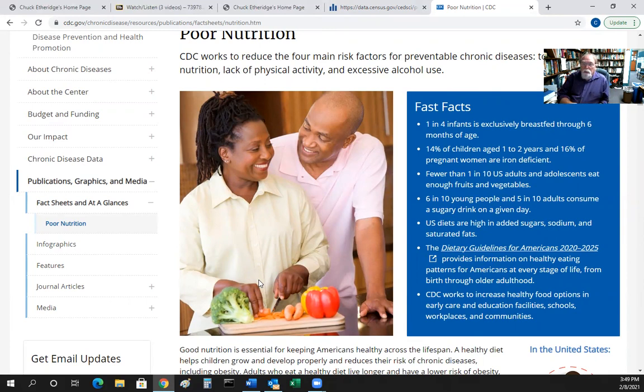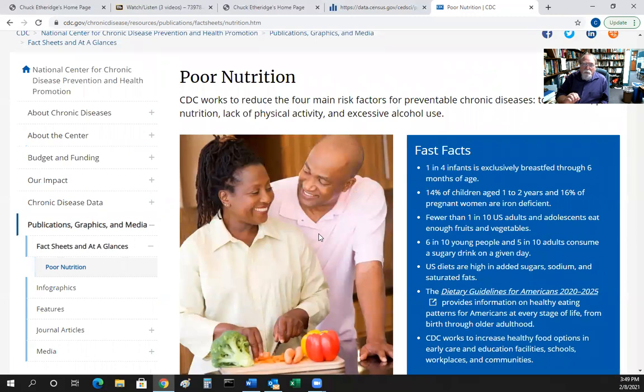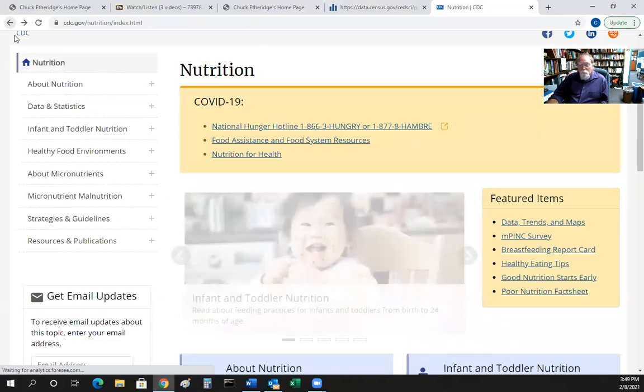We are learning that poor nutrition is a huge issue, has all these negative potential health effects, and that in terms of fruits and vegetables, consumption amongst adults is much lower than it should be, and it's shockingly lower in kids. These are issues that need to be addressed as well.